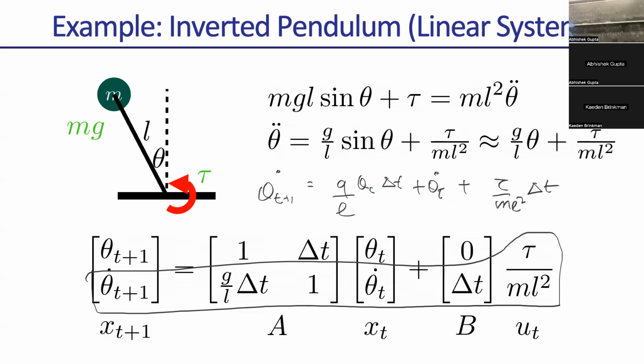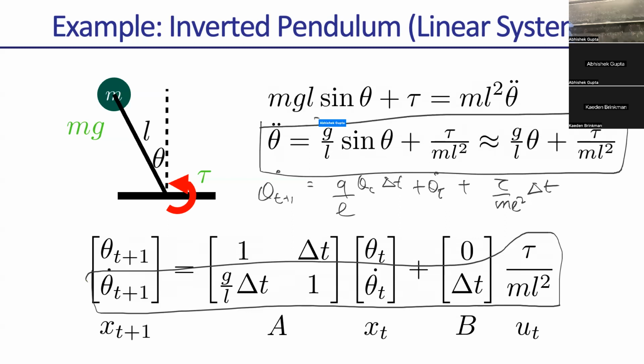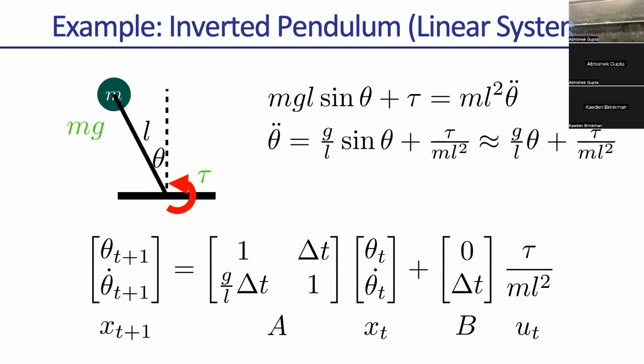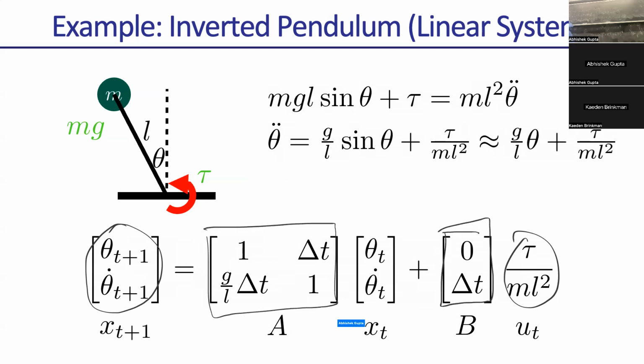I won't work through the whole thing, but an exercise for y'all is to take this equation and write out how theta and theta dot evolve. You'll see that it comes out to this linear equation, where theta and theta dot are our state, tau over ml squared is our action, and this matrix is B and this matrix is C. The pendulum is not the important thing.